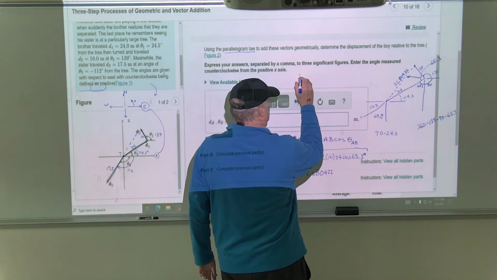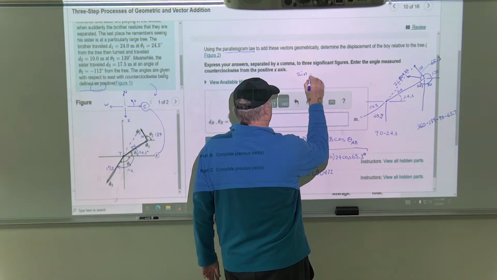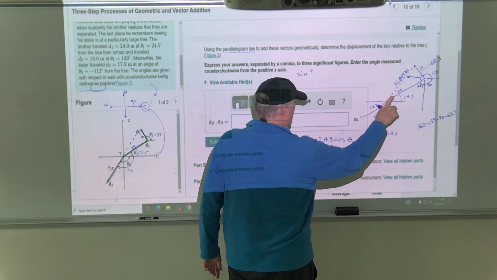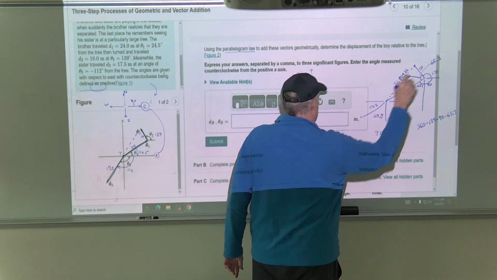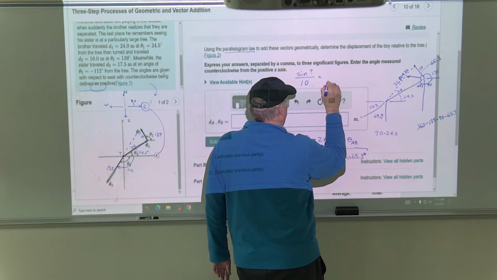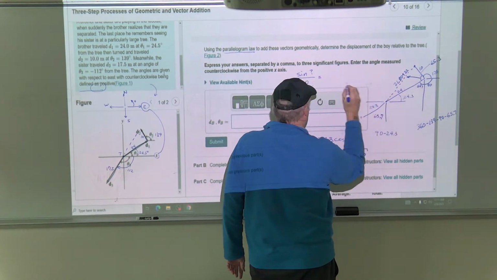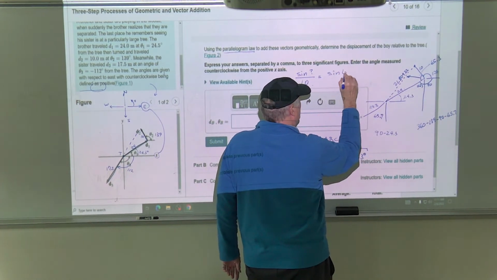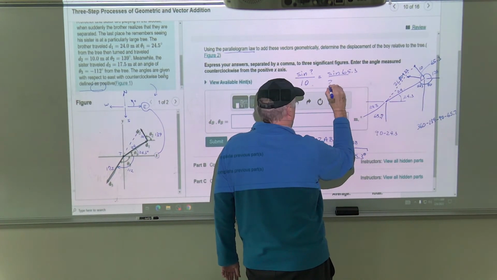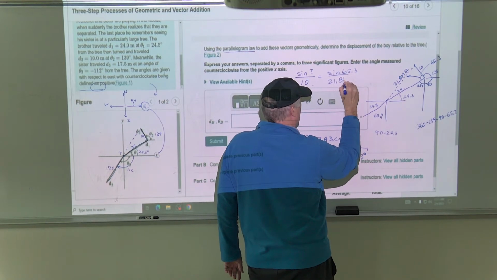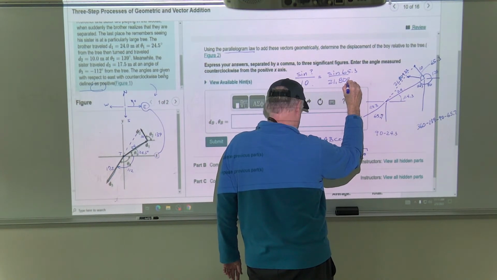So in other words, sine of what we're looking for, which is this one, over the thing opposite to it, is equal to the sine of that one over the thing that's opposite to it, 21.80422.